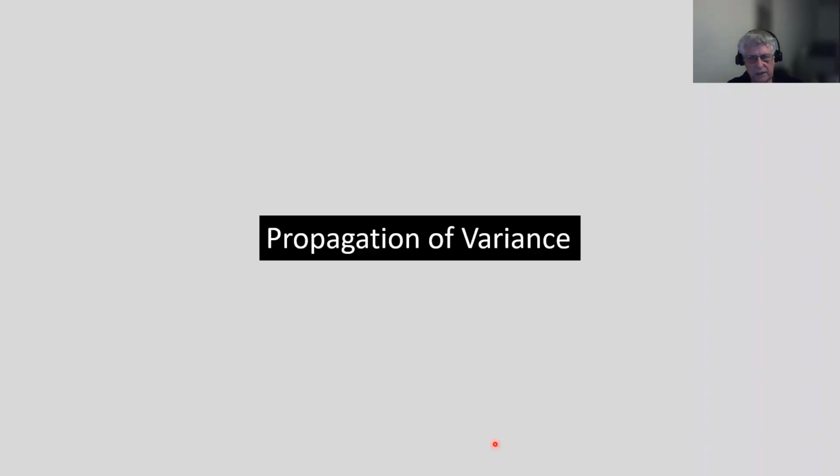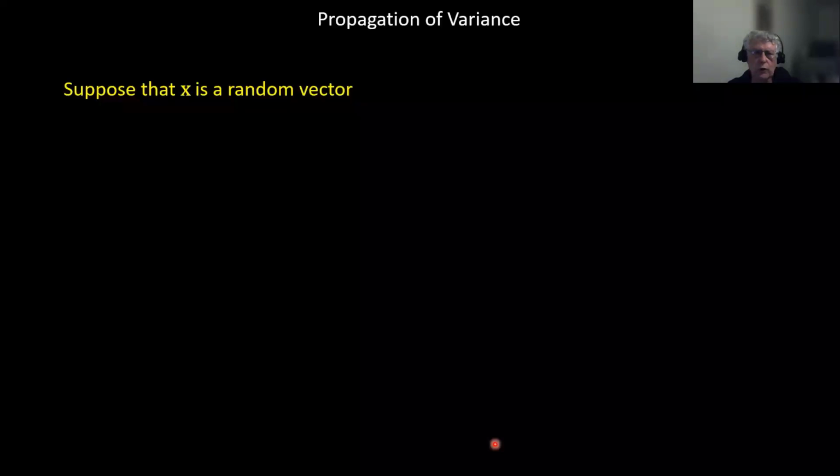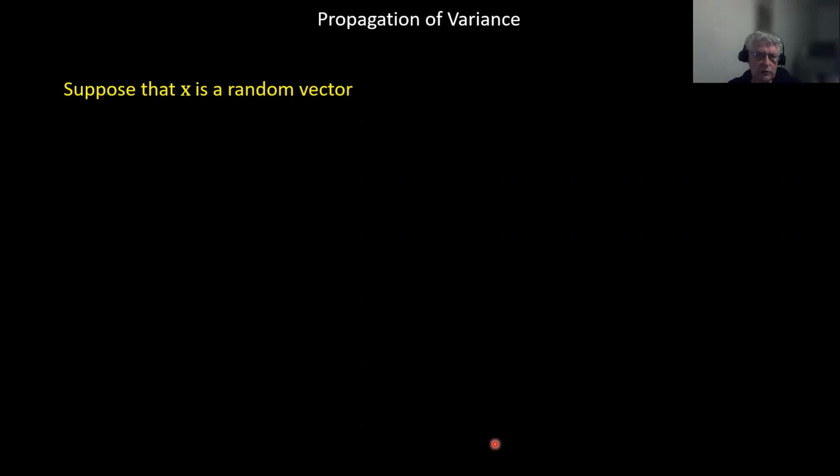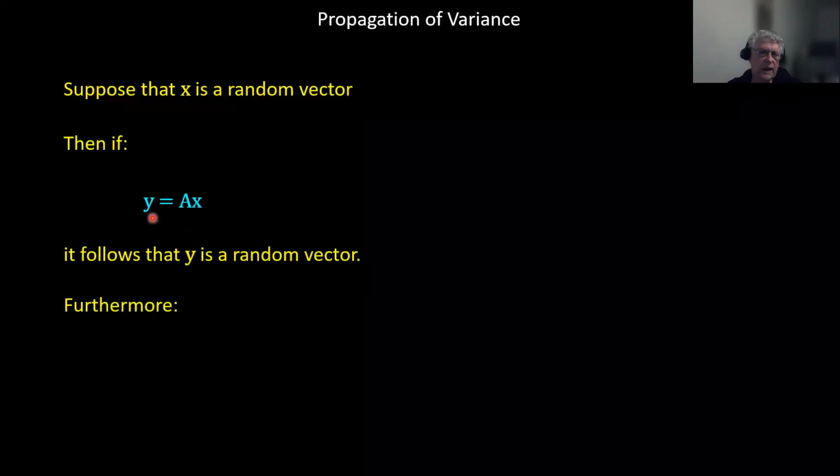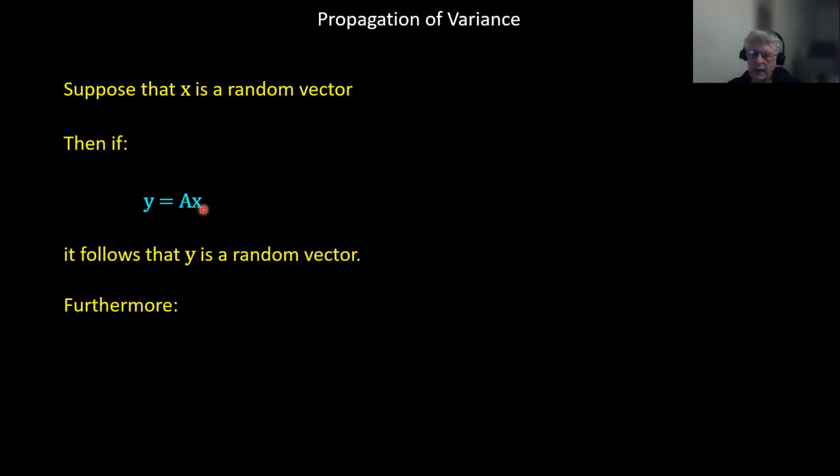Okay, it gets easier from here on in, and we're drawing to a close. Here is a simple equation which we're going to use all the time. In fact, there's hardly any equation that I use more often. Suppose we have a random vector x, and we operate on that random vector x using the matrix A to obtain y.